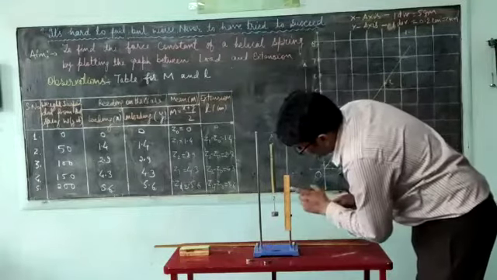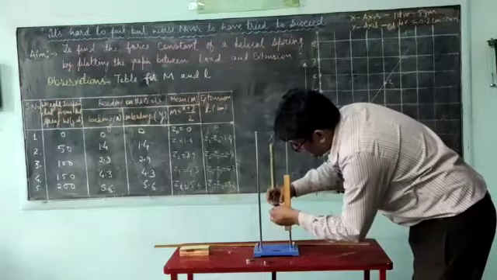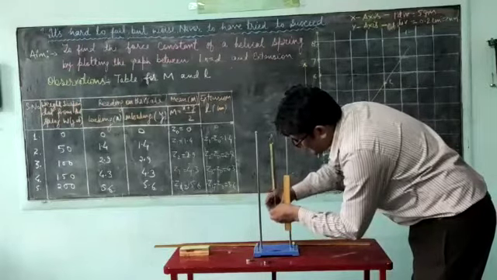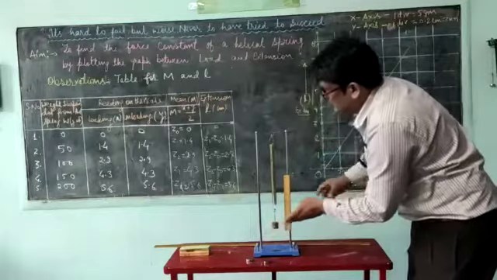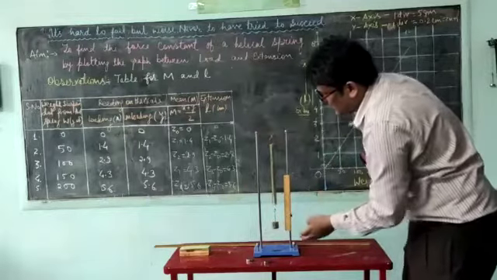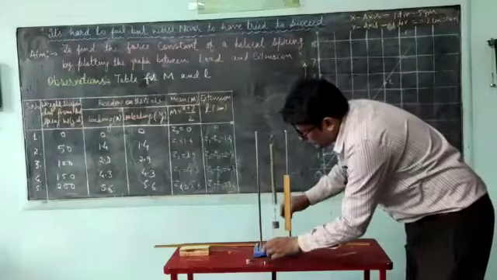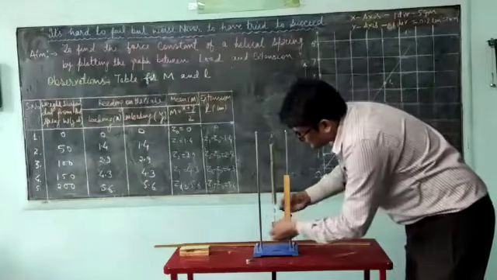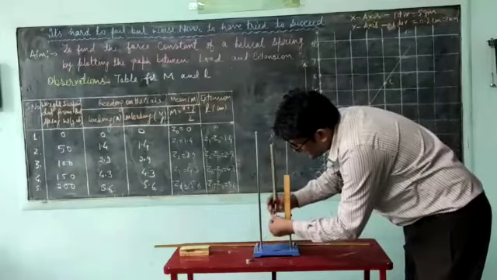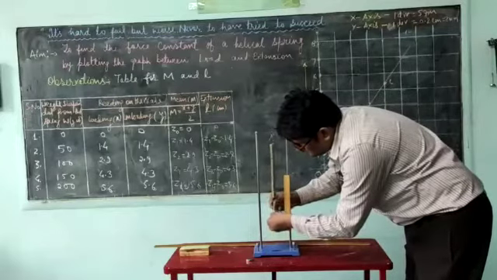We can measure it from here. Then again we will put the weight on it gently, and at 150 gram we are getting 4.3. In the same way we will put another weight, then that is at 200 gram.